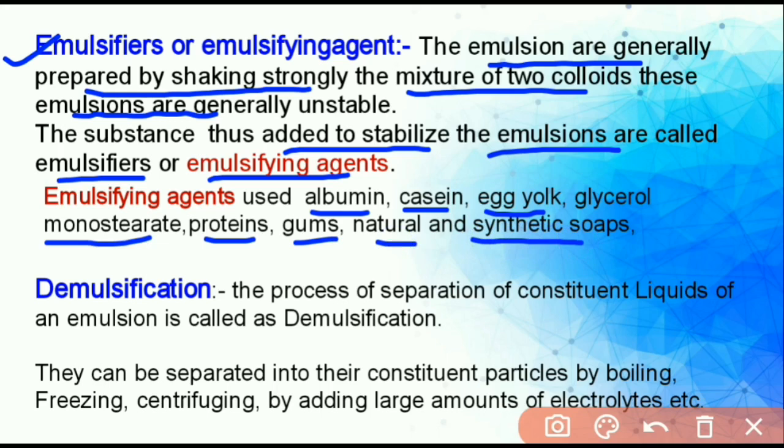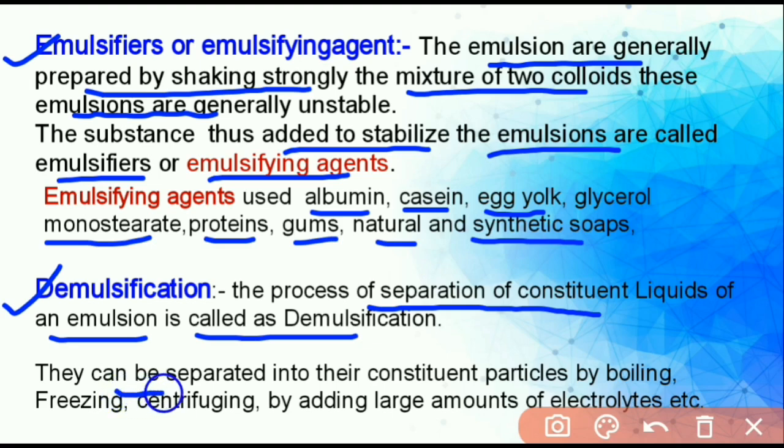Then the next topic is de-emulsification. The process of separation of the constituent liquids of an emulsion is called de-emulsification. It means separating the dispersed phase and the dispersion medium. That process is known as de-emulsification.